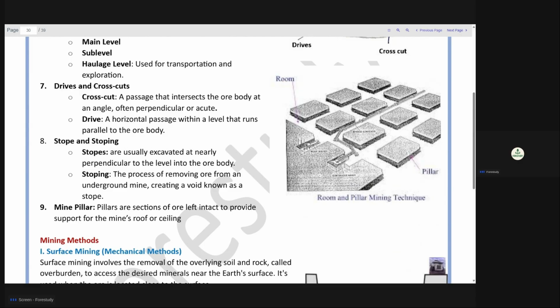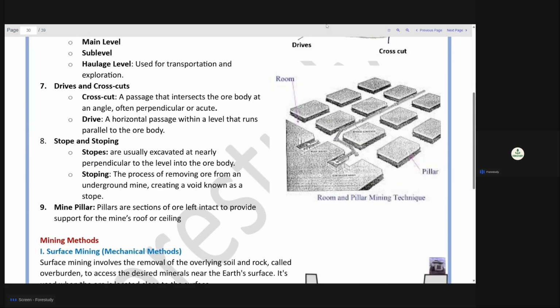Sometimes called the room and pillar method, where this type of structure is made. Like a chiclet or a Cadbury chocolate bar, where these are the passageways and these are the stopes, where we have to extract the ore. So pillars are sections of ore left intact to provide support for the mine's roof or ceiling.